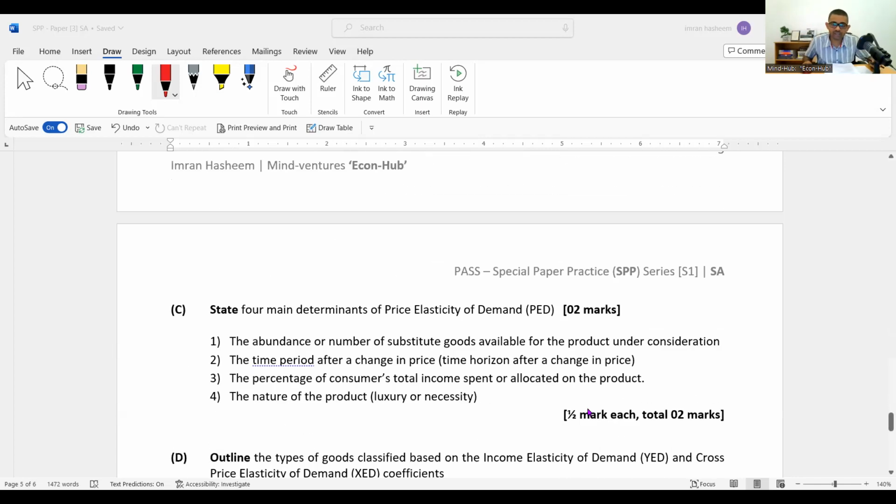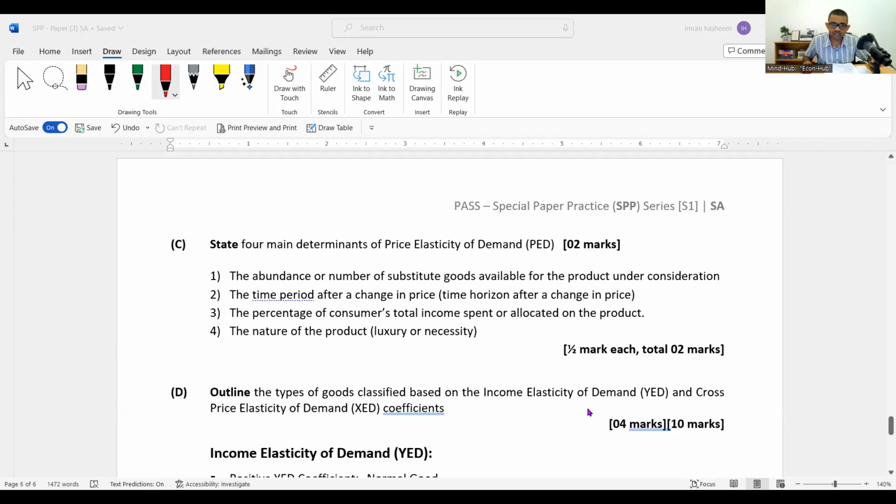Then for the final 2 parts of the third question, I'm asking for the determinants of price elasticity of demand. The 4 core determinants. Remember, the 4 main ones.